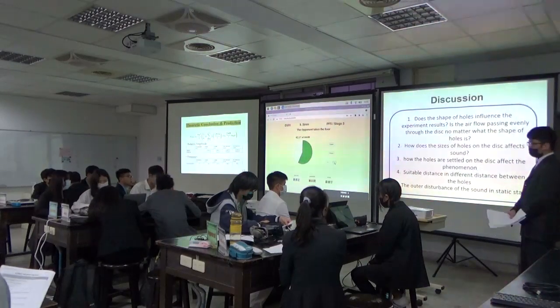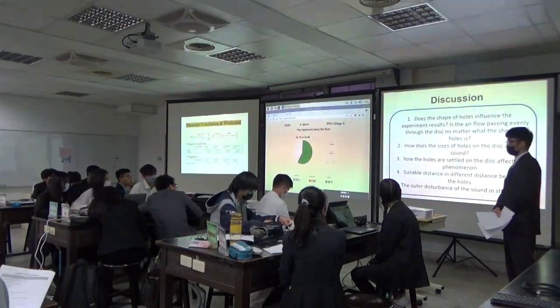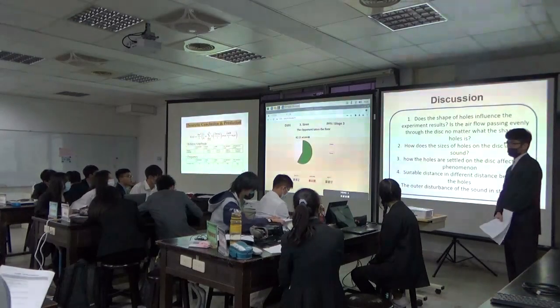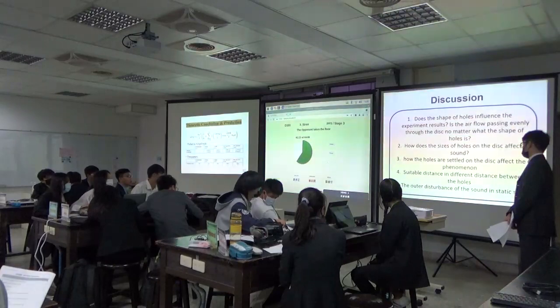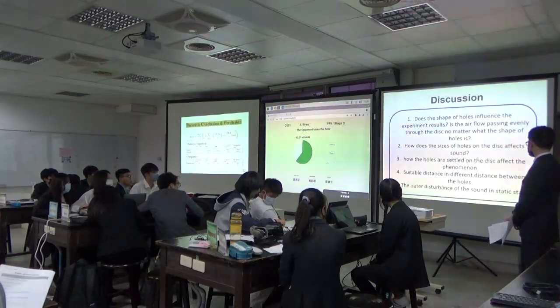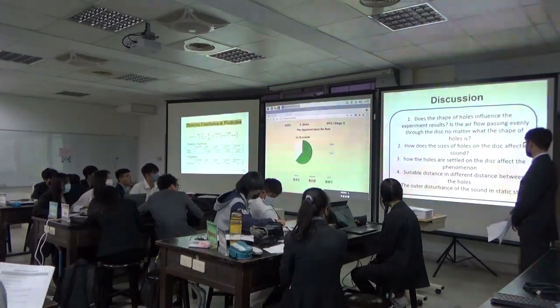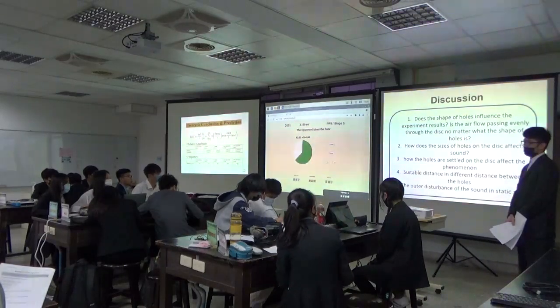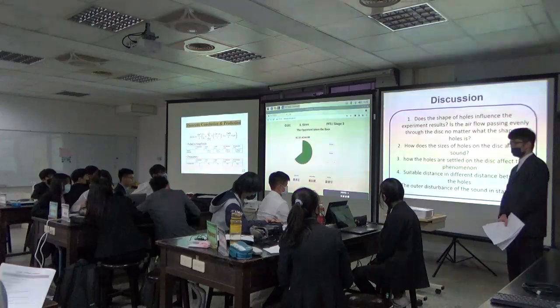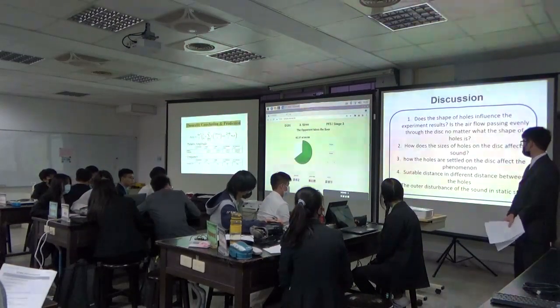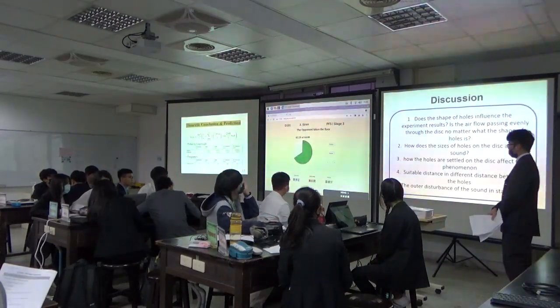If the distance between each hole is different, will it have any impact? And the fourth is whether there is a suitable distance between the holes. Just like they have said, I think the distance between each hole may affect it, but is there a suitable distance between each hole so that we can hear the sound?